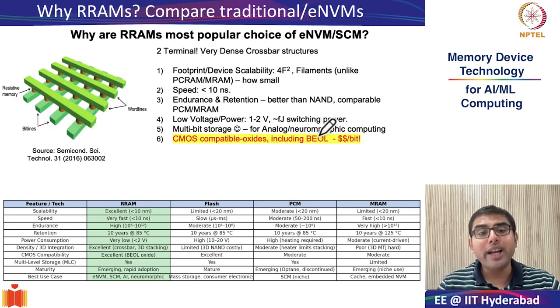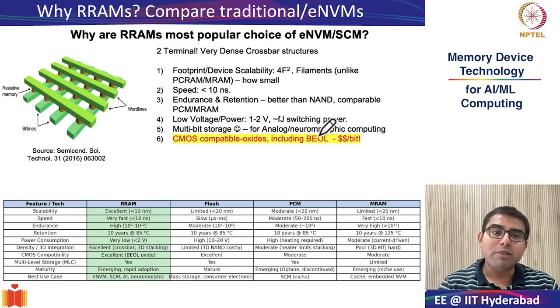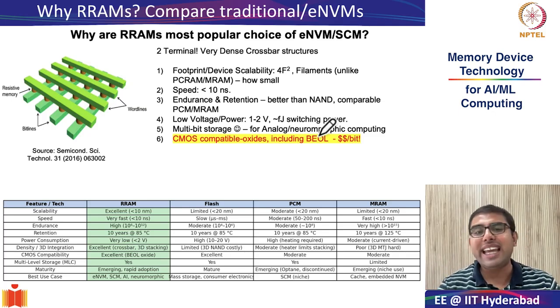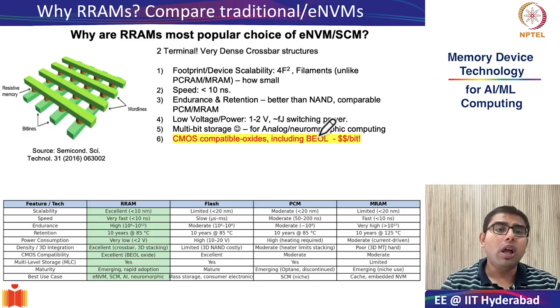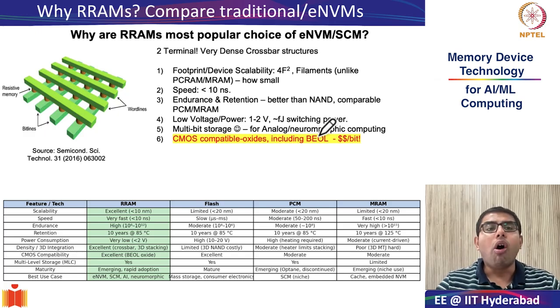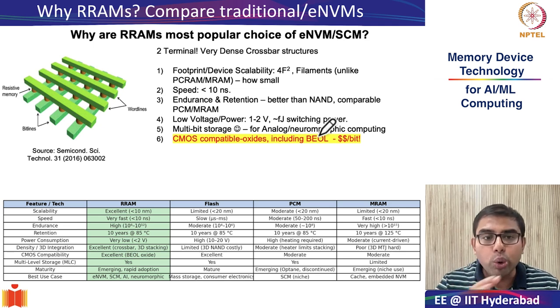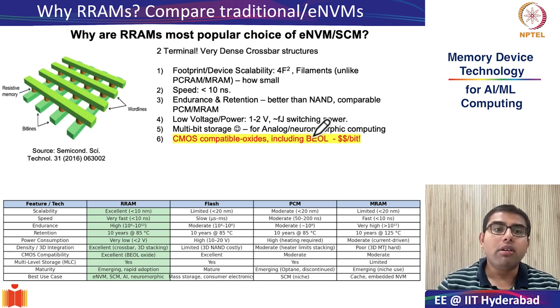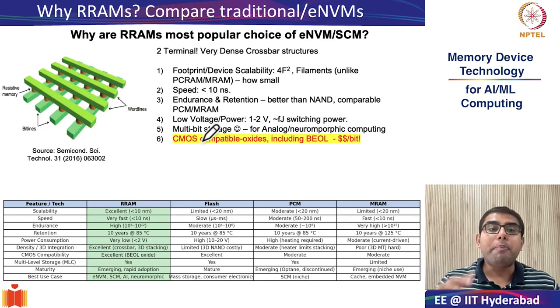The final point which I have marked out is the reason I think why RRAMs will probably beat other eNVMs in becoming most commercially viable, and the reason is that all the steps that are used in RRAM processing, especially the deposition of the oxide and the top and bottom metal electrodes, are entirely CMOS compatible.